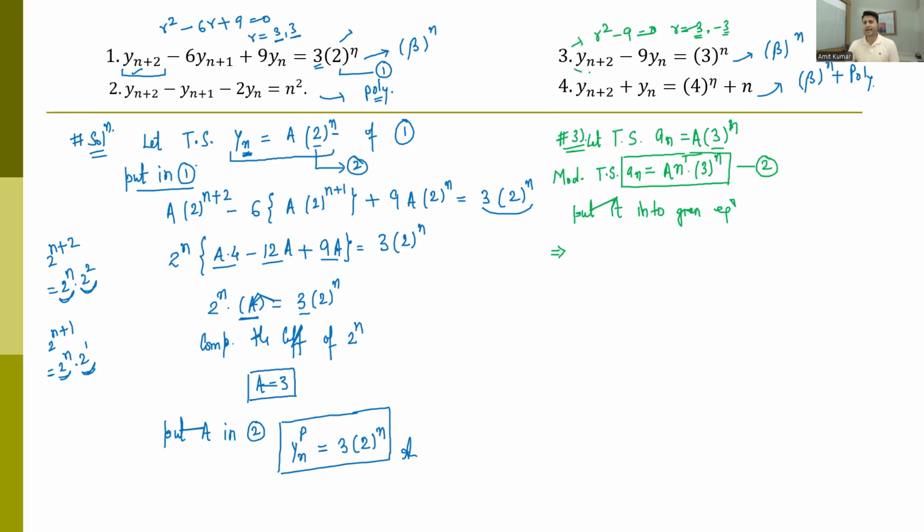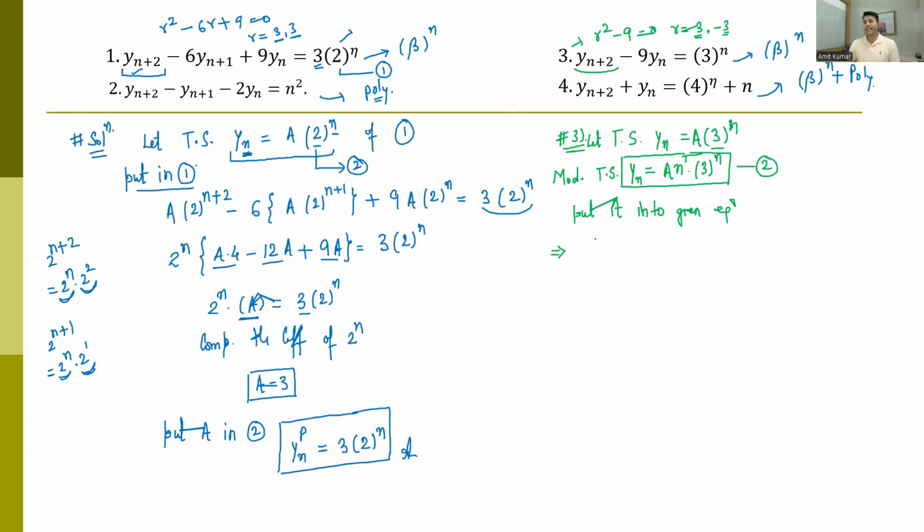The first term is yn plus 2. The trial solution should also be in terms of y, not in terms of a. So let us correct it: not a, it should be y. So your trial solution is this yn. Why am I repeatedly writing an? Because most of the time it is written as an, the terms of a sequence.